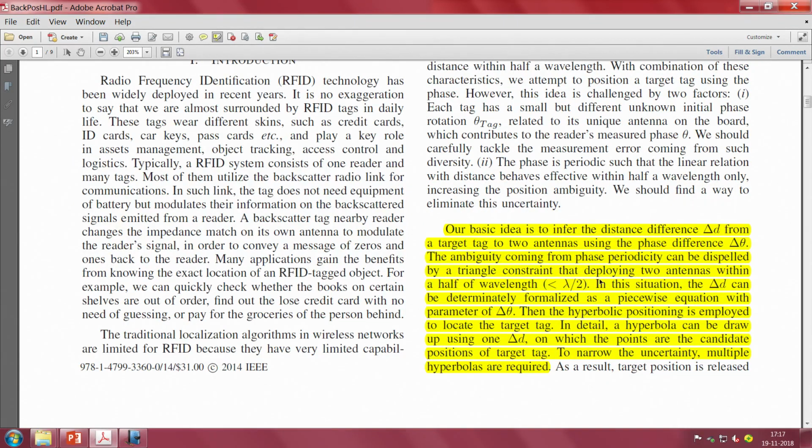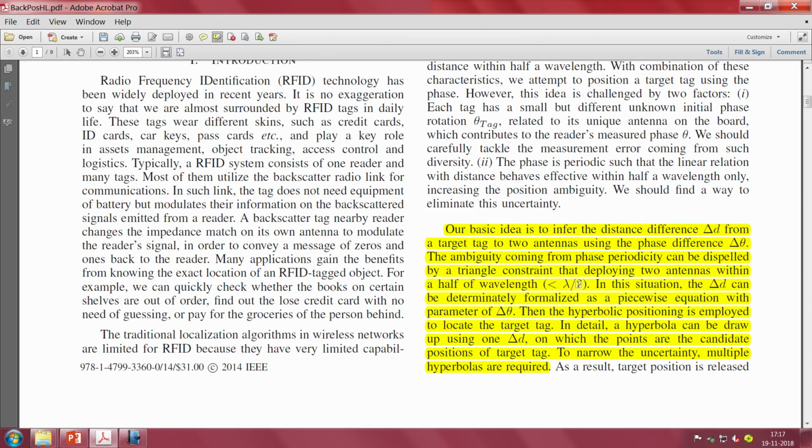Again you recall the antenna spacing that we discussed in detail. Here again it is talking about this antenna spacing should be less than lambda by 2, and the idea is that if you want to infer the distance difference, delta d, from a target tag to 2 antennas using the phase difference method, delta theta, you must have this lambda by 2 constraint applied.